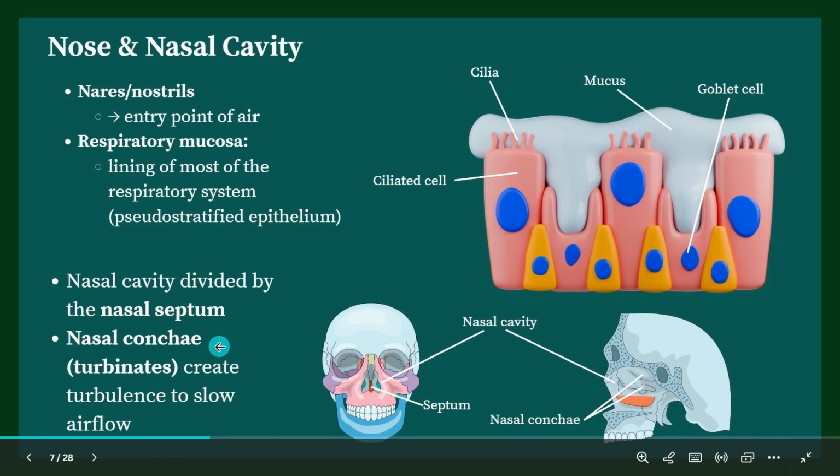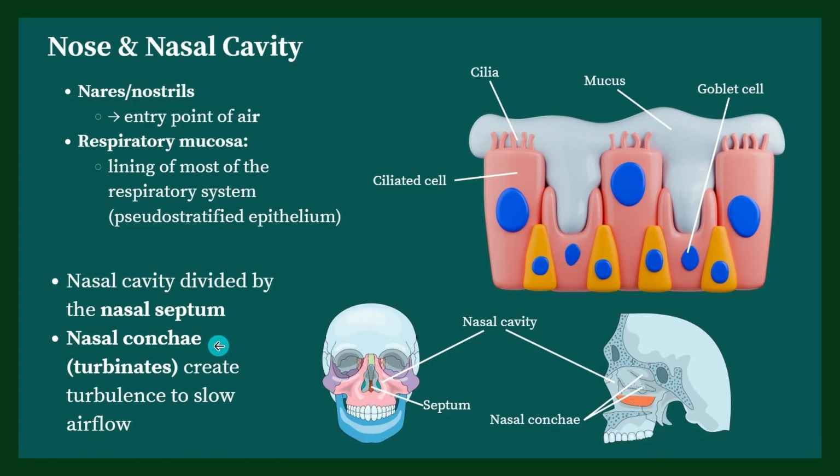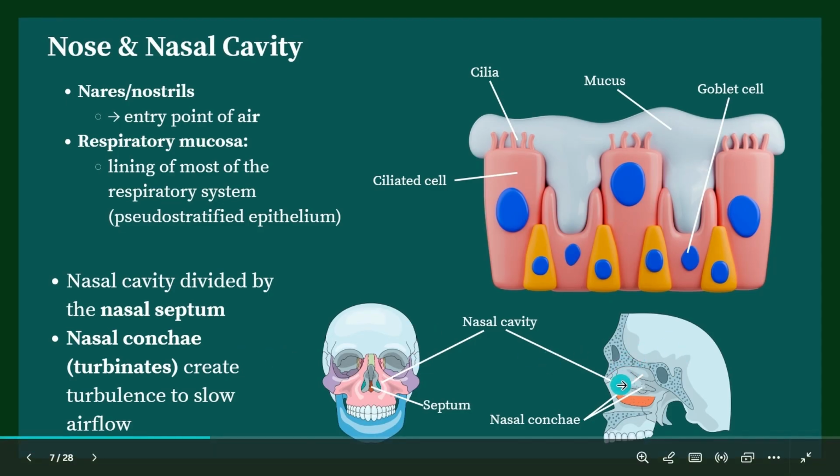And then the nasal conchae, also known as turbinates, are little swirly things. So you see these folds right here in this cutout. This is a sagittal cutout of the skull, and we can see where the nasal septum is right here. And so this is one half. Let's say it's the left half of the skull.